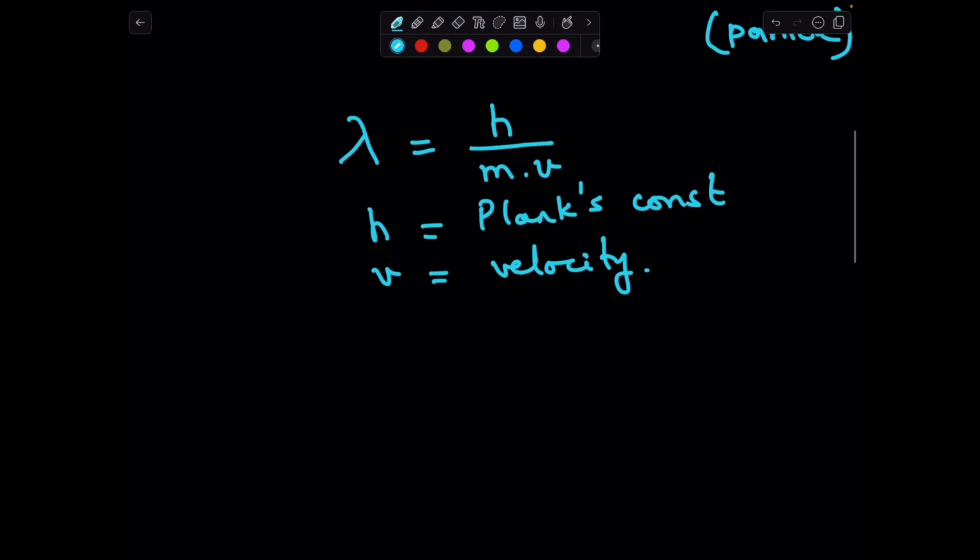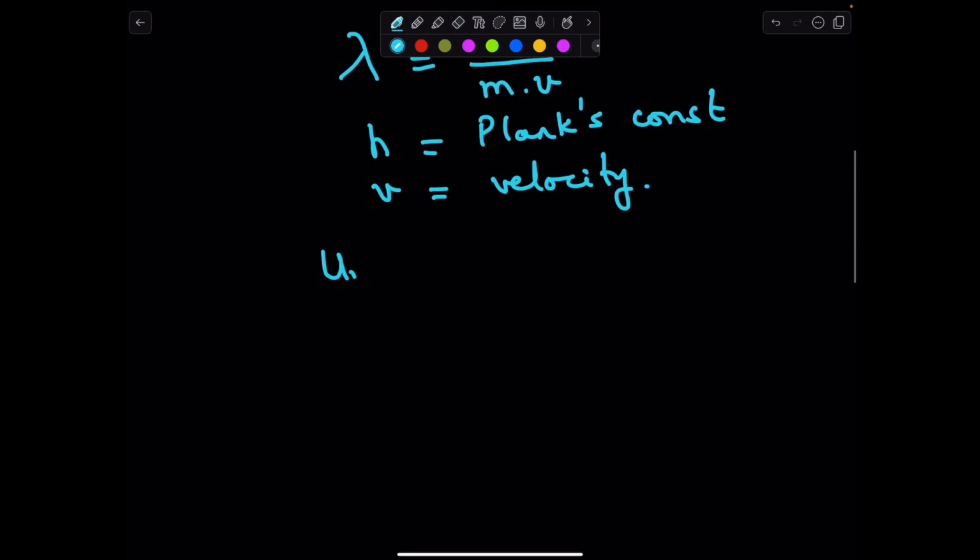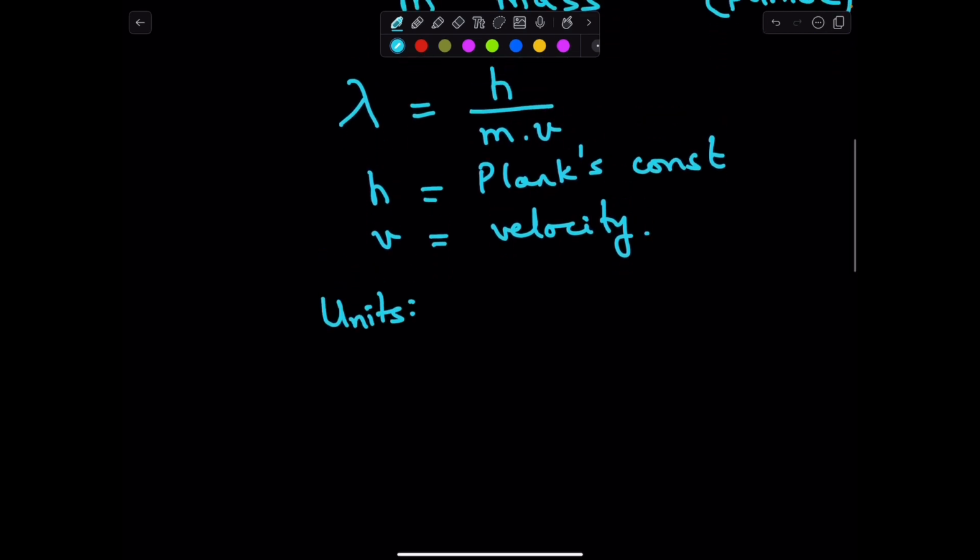Let us see how the units work out. Units of Planck's constant is joules second, unit of mass is kilograms, times unit of velocity is meters per second.